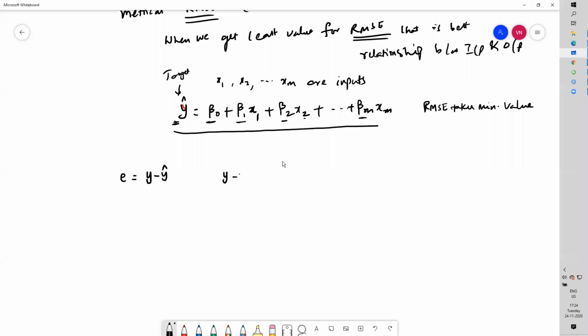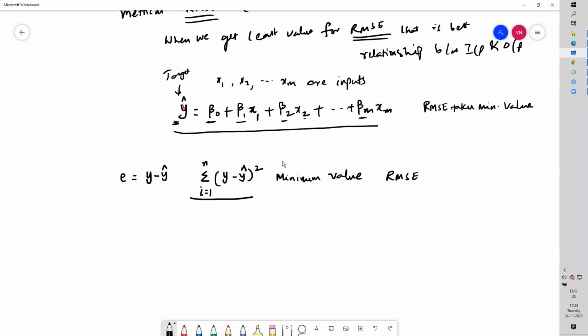So y minus y hat whole square, that is error square, summation. Why do we need summation? If we have to take the mean, we need to take the summation. Summation for observation i equal to 1 to n should be a minimum value. Then RMSE will automatically be a minimum value.